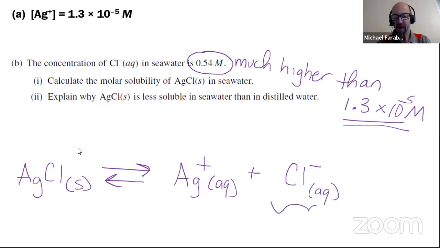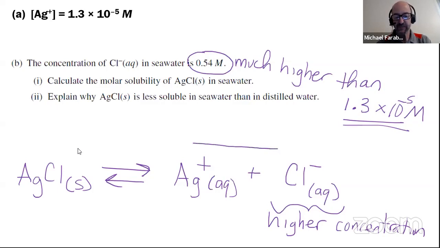So if we have a much higher concentration of chloride present in seawater, and now we try to dissolve some silver chloride in this seawater, Le Chatelier's principle says that when you have an extra amount of product added, then the equilibrium position will shift in the direction of the left, toward the reactants.